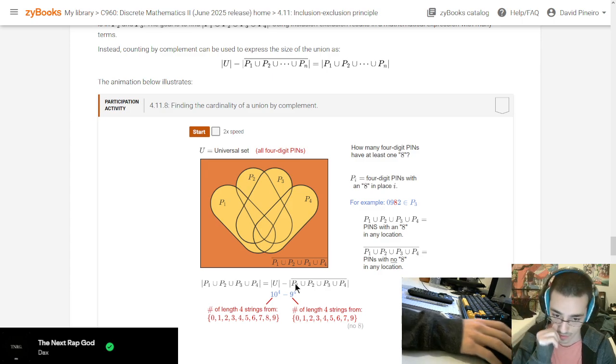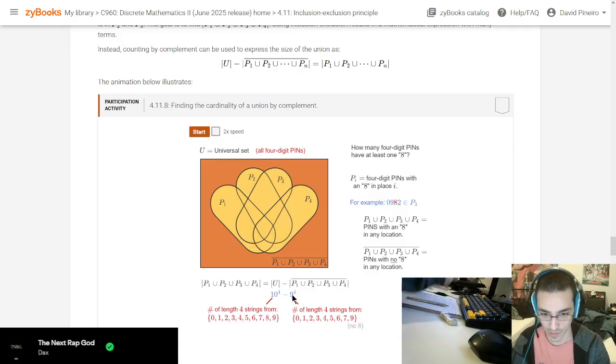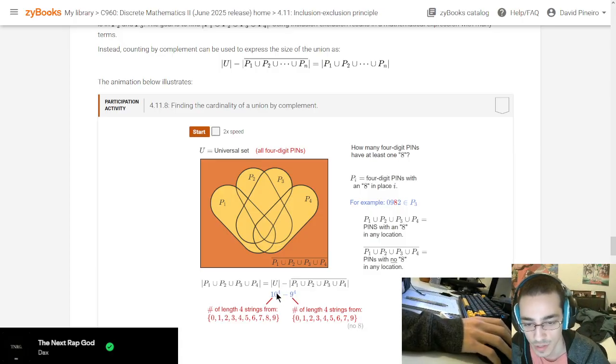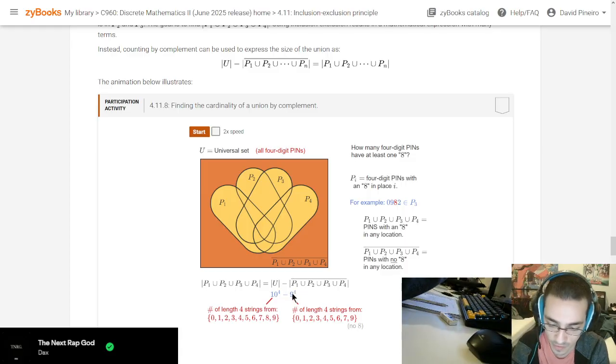No, that makes sense. All the PINs is 10 to the 4, because you have 10 digits and there's 4 of them, and if you don't have an 8 in there, that means you have 9 digits left.